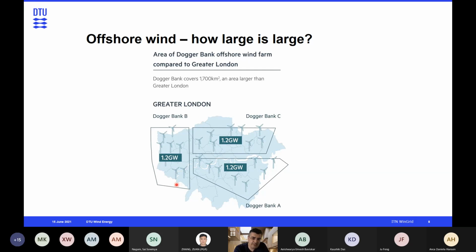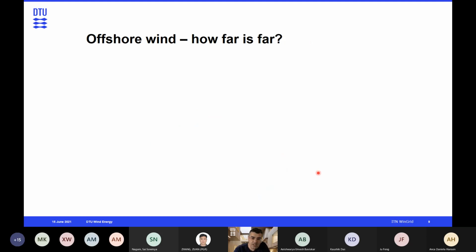But the area they are expected to cover is similar to the Greater London area. So we are not talking only about very big structures, but also about projects that spread over very large areas. And it's not only big and large, but also far away and further away from shore.